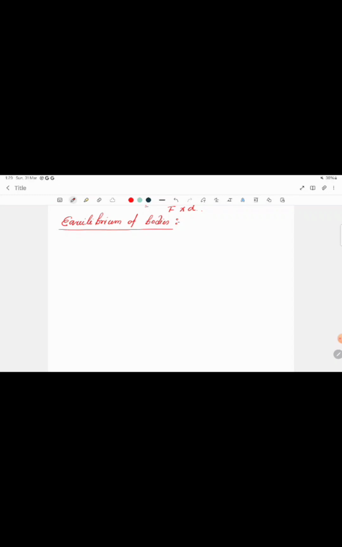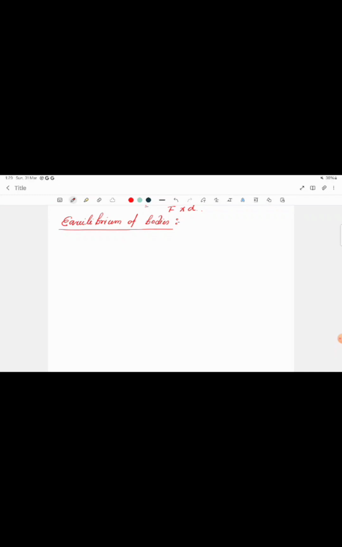What is equilibrium of bodies? Suppose we apply some forces on a body, but there is no change in the body; that is basically called equilibrium of bodies.